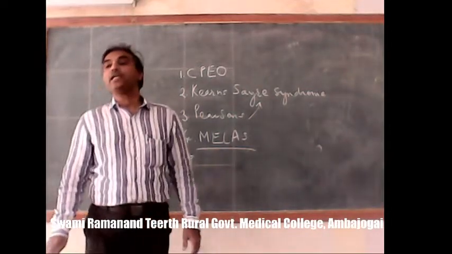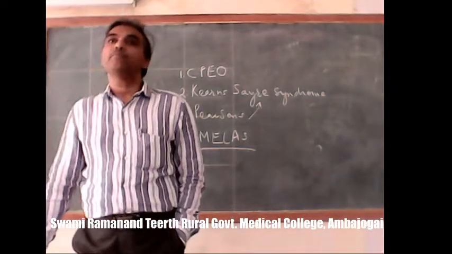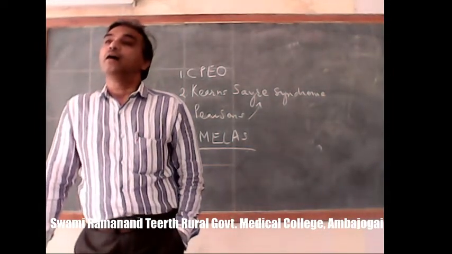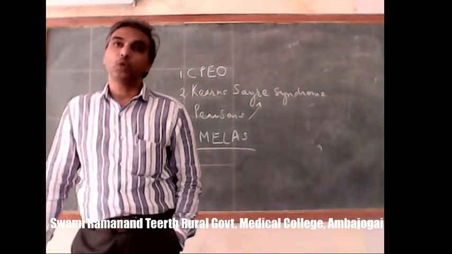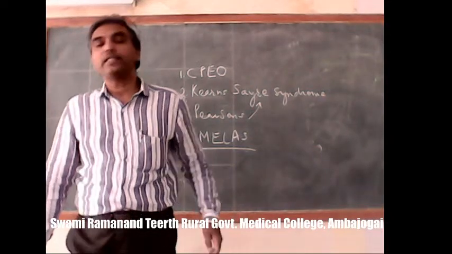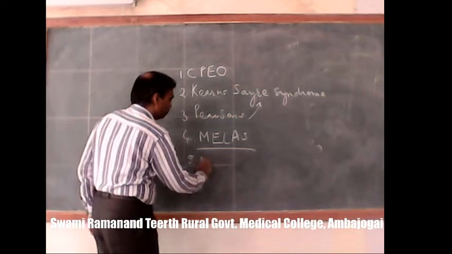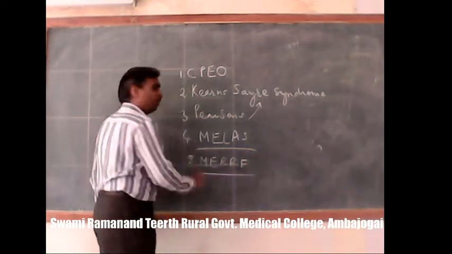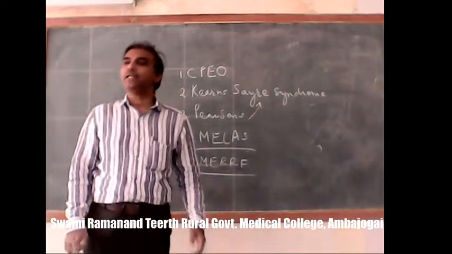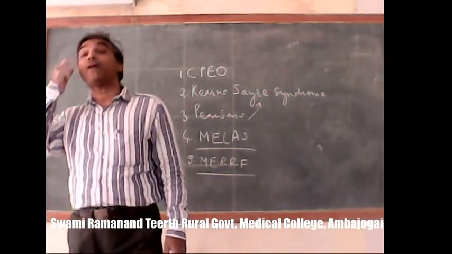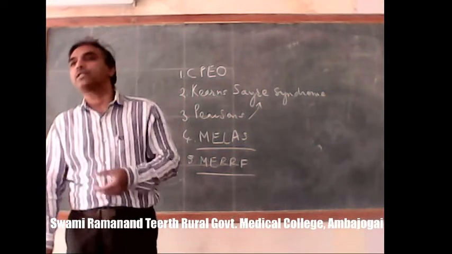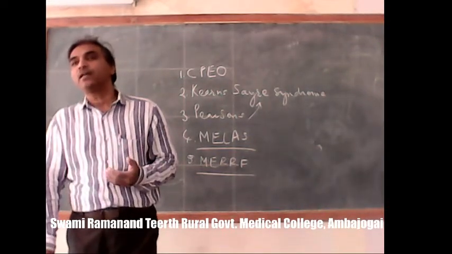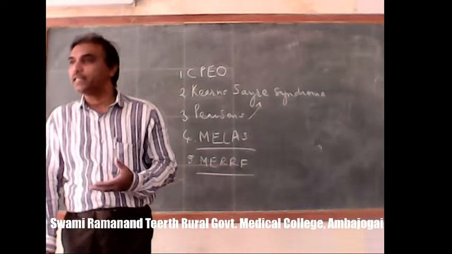Then there is MERRF, that is called myoclonus epilepsy with ragged red fibers. Red fiber is the muscle. It is seen under the microscope, and these fibers are deficient in cytochrome oxidase.